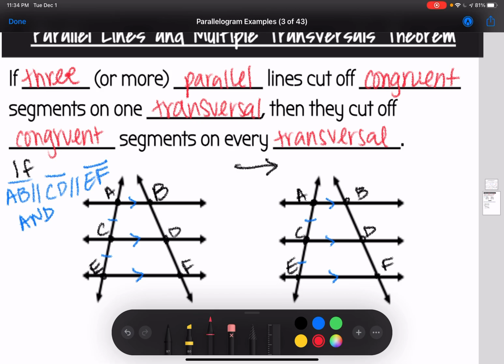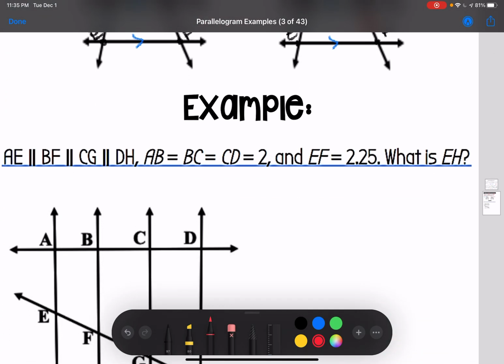Then, what this theorem states is that the opposite sides right here, these two, BD and DF, will also be congruent, because they will be congruent segments on every transversal, including the other one, because the parallel lines are split up equidistant.